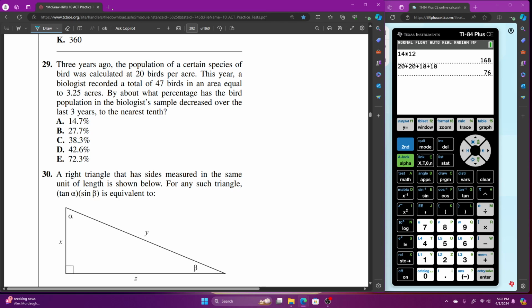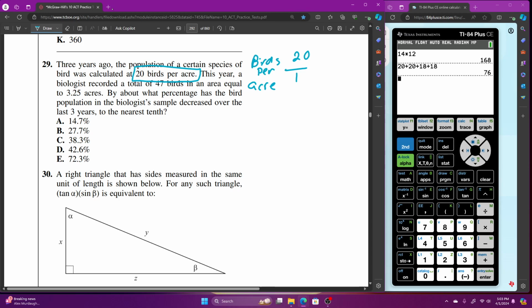So, 3 years ago, we had 20 birds per 1 acre. Birds per acre, 20 to 1.